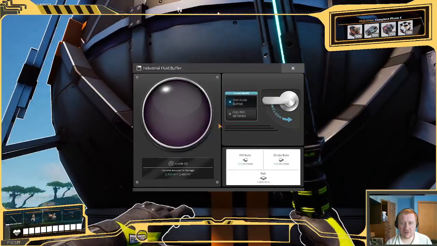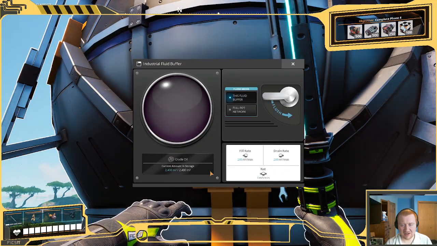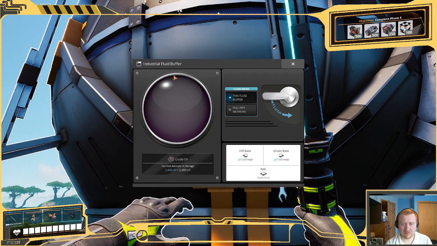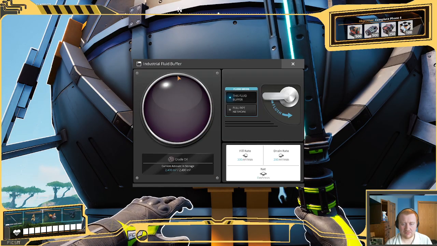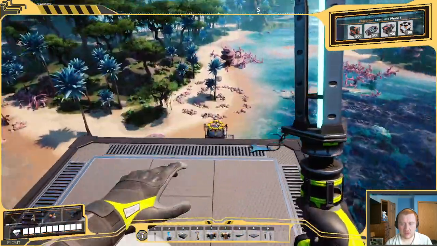And then this buffer should also be filling and draining at the same time, so that this will never really come down, which is important in the system.